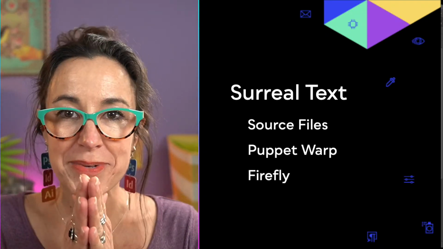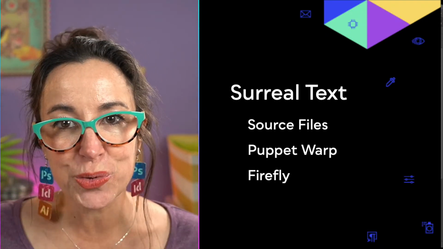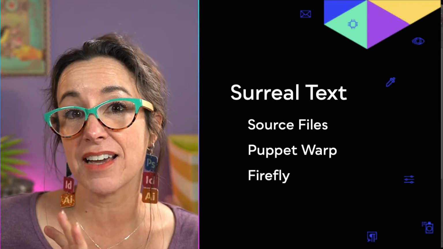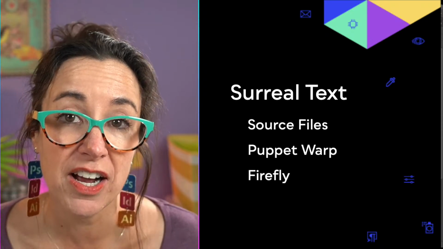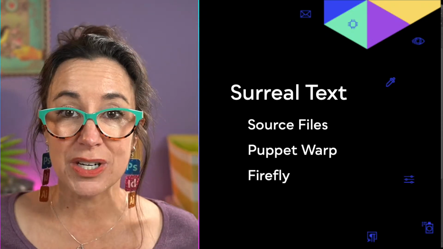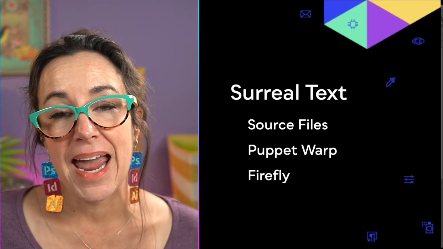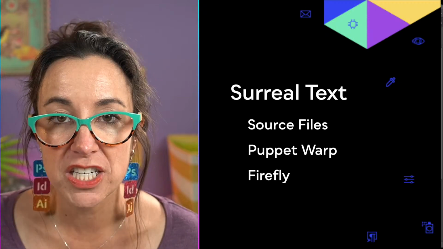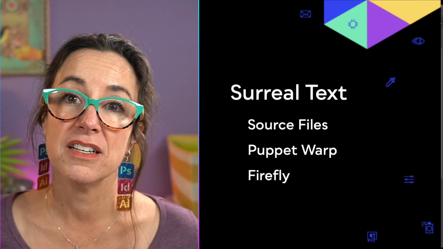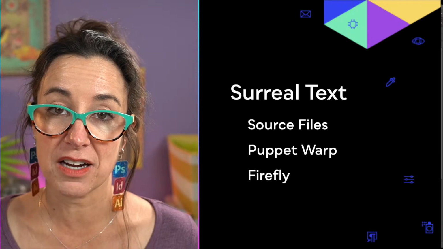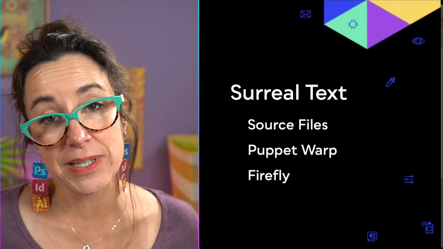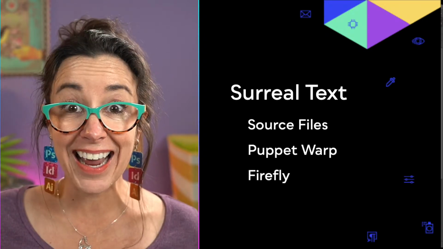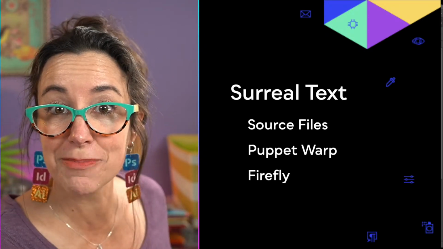So, we're going to be talking about creating surreal text, and we'll take a look at ideas for where you can get source files or what might make good source files for this type of thing. And I have a link below the video in the description to a free source stock file from Adobe Stock. Adobe Stock has a whole free collection with millions of assets, and I take full advantage of that on a regular basis.